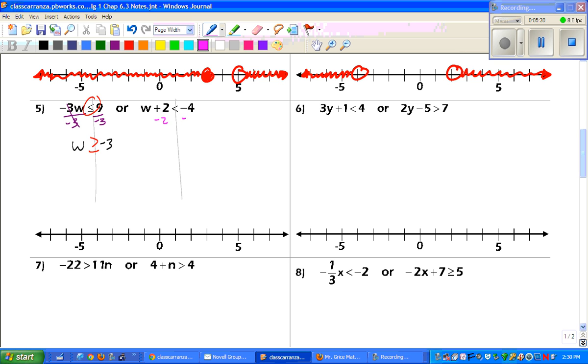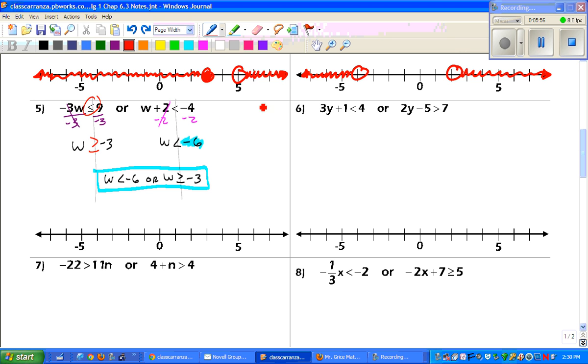On the other side, subtract 2 from both sides. We get w is less than negative 6. Now, to put these in the proper order, there we go, okay? Negative 6 is smaller, so I want to make sure that that one goes first.